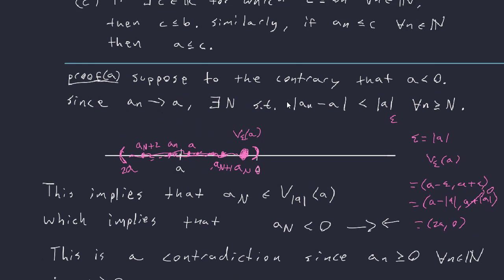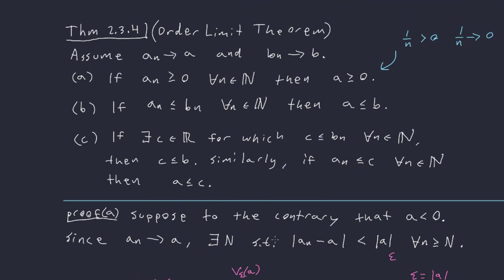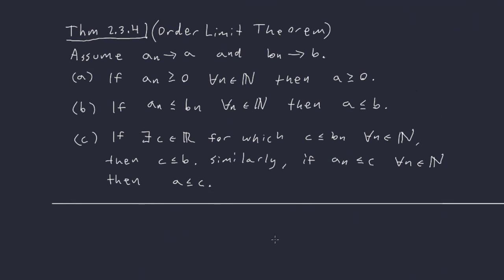All right, so now let's look at part B. Okay, so for part B, actually, we can just apply part A. So for the proof of part B, let Sn be the sequence Bn minus An, which will be greater than or equal to 0 for all n in the naturals.